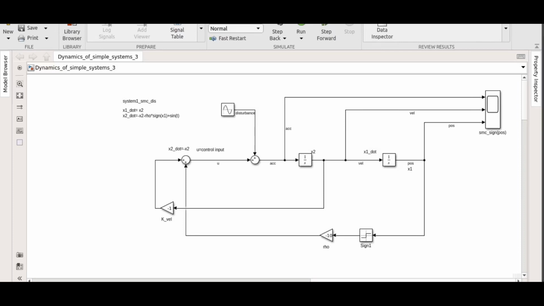In this video, we will try to compare the sliding mode control with state feedback control. We will try to find out how they are different from one another.